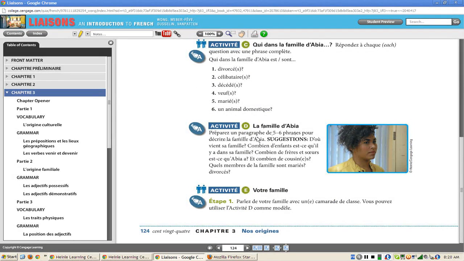Préparez un paragraphe de 5 à 6 phrases pour décrire la famille d'Abia. D'où vient sa famille? Combien d'enfants est-ce qu'il y a dans sa famille? Combien de frères et sœurs est-ce qu'Abia a? Et combien de cousins ou de cousines? Quels membres de la famille sont mariés ou divorcés?